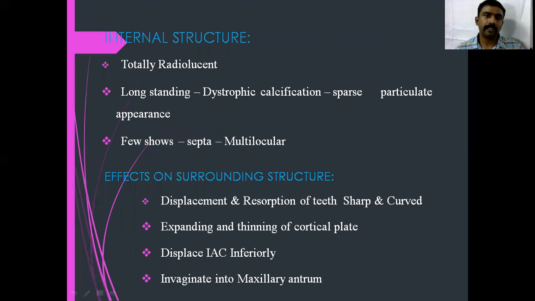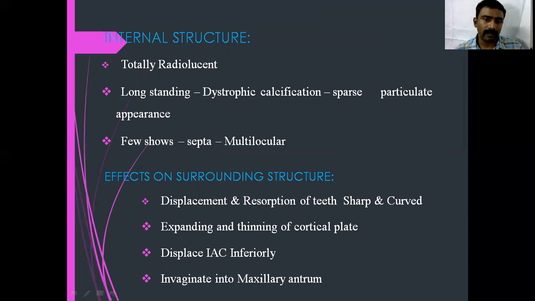The internal structure of a cyst is usually radiolucent, and a long-standing cyst may show dystrophic calcification. Calcifying odontogenic cyst is a type of cyst which shows calcifications. The effects of a cyst on surrounding structures are: they usually cause displacement and resorption of teeth.